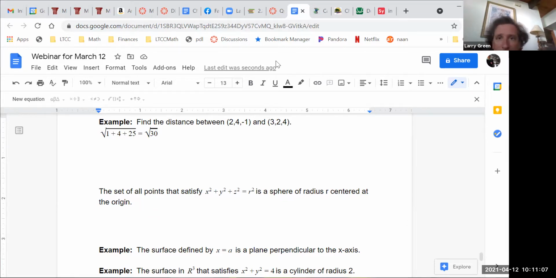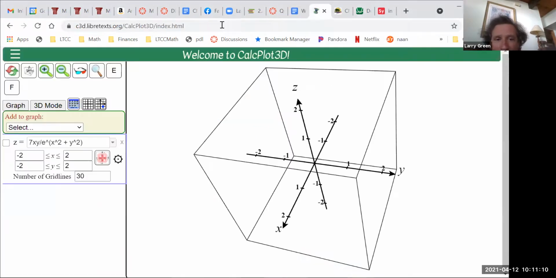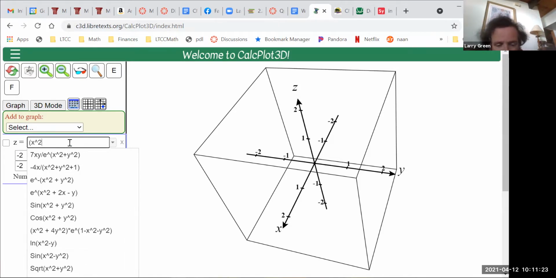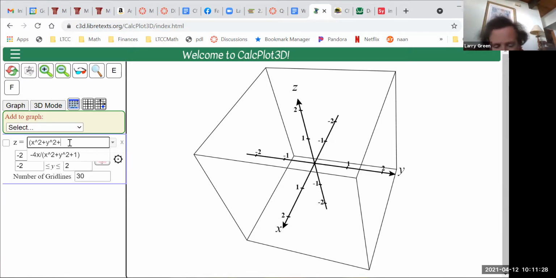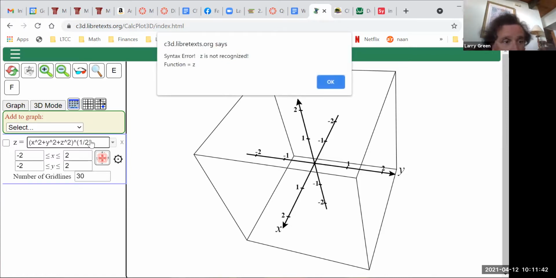So for example, I could go to CalcPlot3D and look at z equals the square root of, x squared plus y squared plus z squared to the 1/2. Sorry, I forgot a little piece.